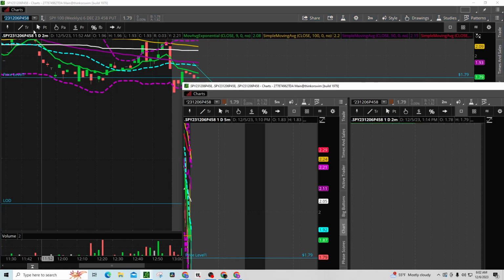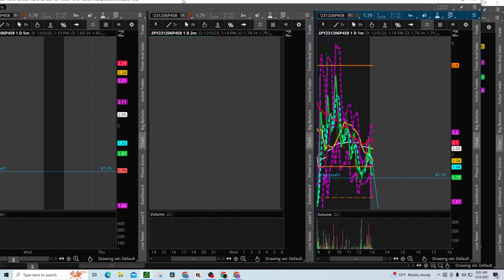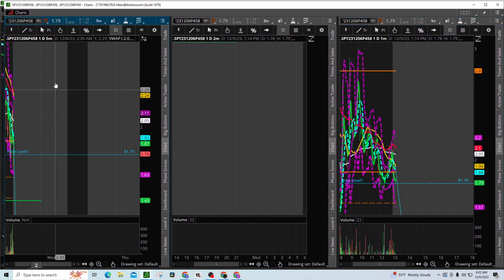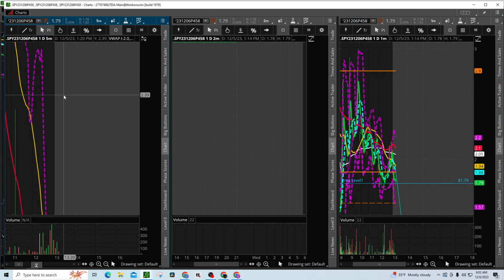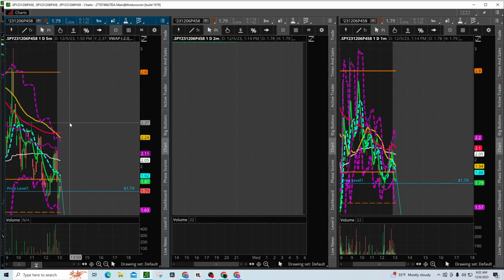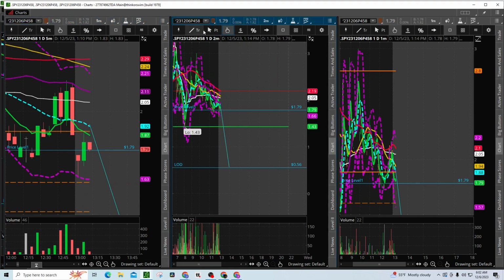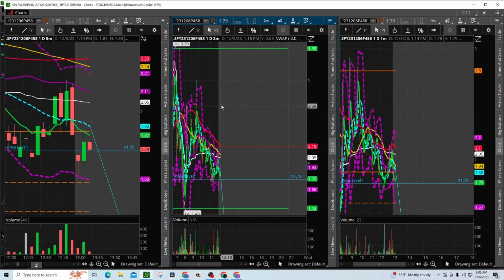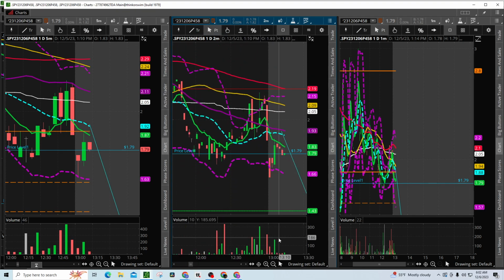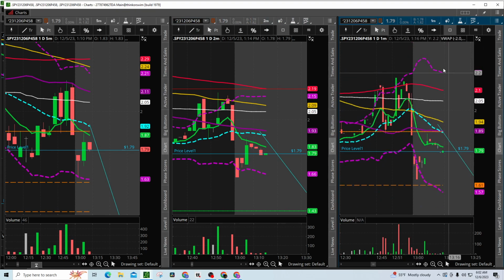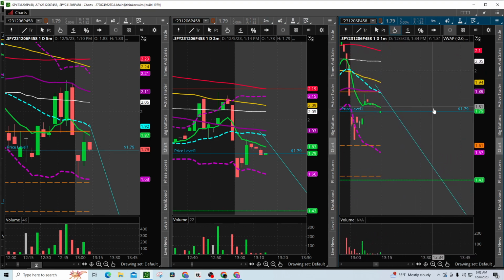So I'm going to load these into here, and basically this information should already be in here, whatever I did. But I want to pull these up and get these ready to trade. Okay, so I don't need this line, I don't need this line.